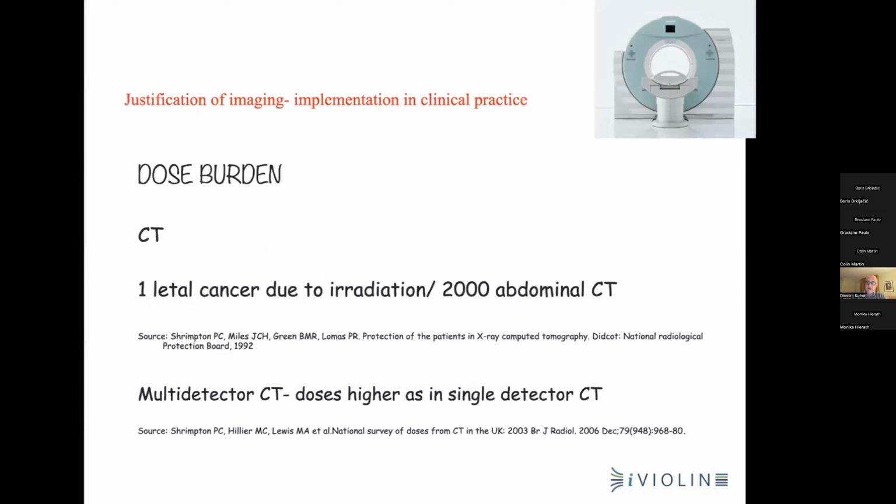Why is it important? There is an old study that presumed that one small cancer due to irradiation occurs after 2,000 abdominal CTs. In my institution, yearly, we perform about 30 to 40,000 CT examinations, and probably about 10,000 of these are abdominal CTs.